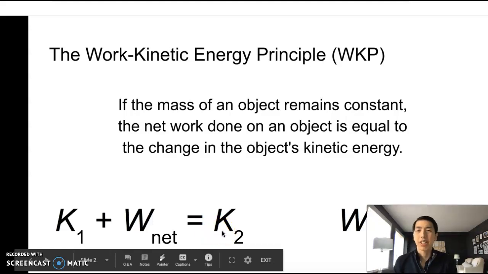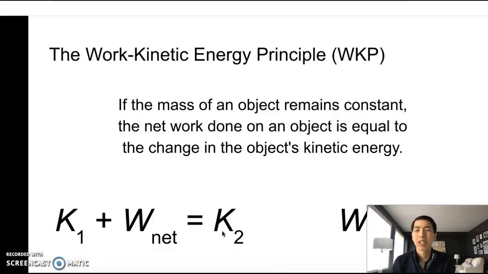So basically, what I'm trying to say is that when a force does work on an object, it's going to affect its kinetic energy. Kinetic energy is measured in joules, and work is also measured in joules.